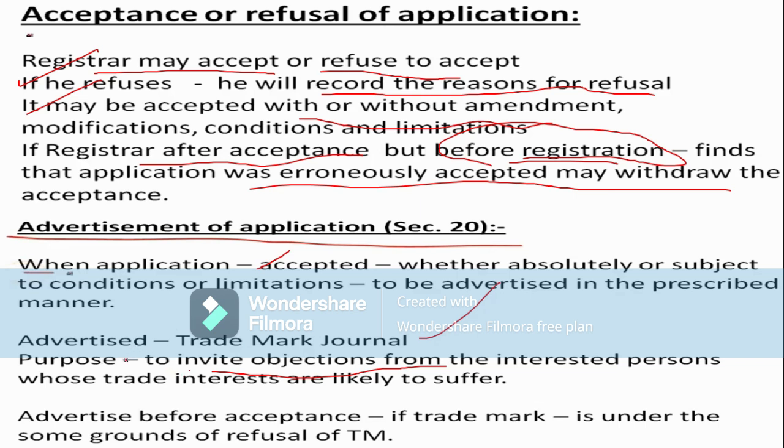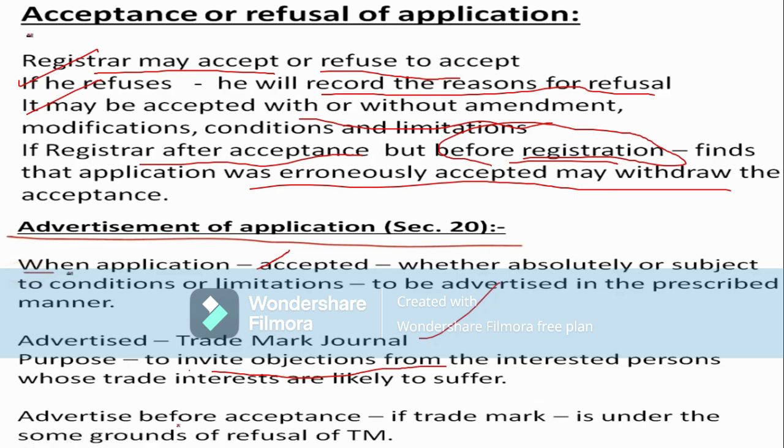Then if the case is valid, the registrar can withdraw this application, he will cancel the application. So for that purpose, if there are any objections from interested persons, who are third parties, or maybe the government also, the advertisement of the application will be done in the trademark journal.